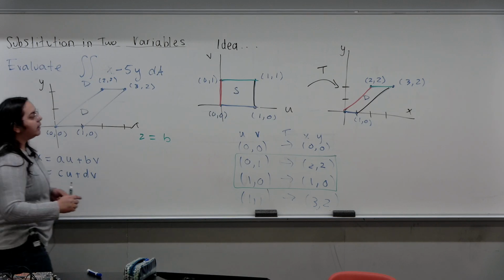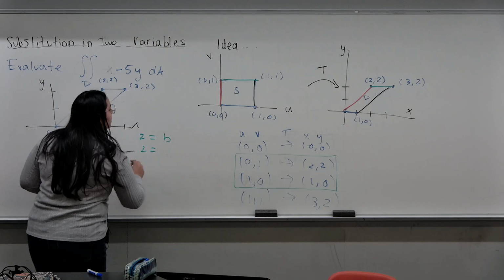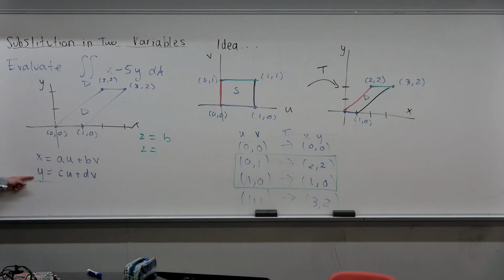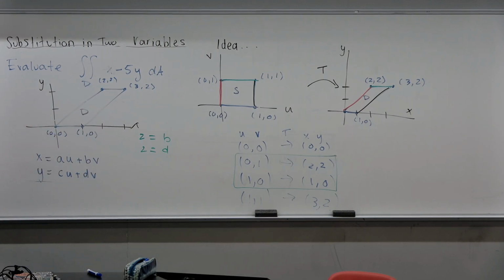Now using the y coordinate, I have that y is 2 when u and v are 0 and 1 respectively. So this gives us 2 equals 0 plus 1d. So both b and d, in this case, are both 2.